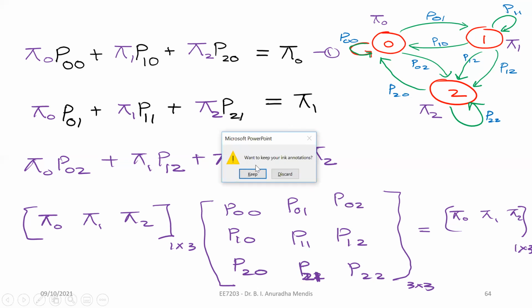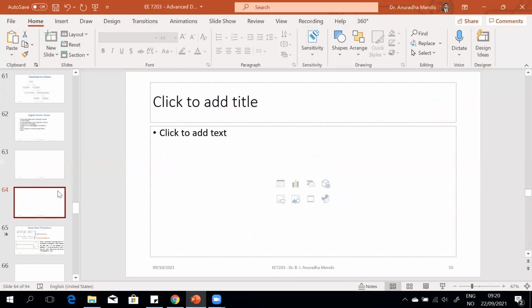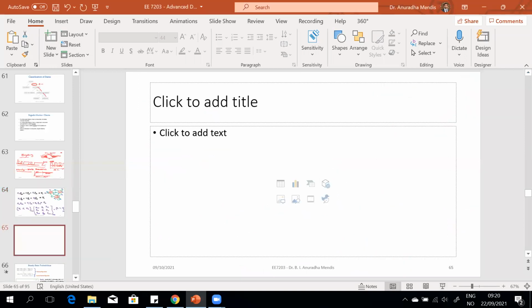Okay, these equations I can now write using phi naught, phi 1, phi 2.